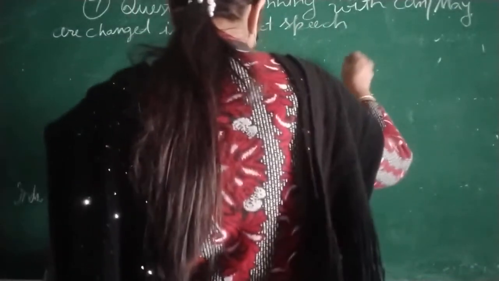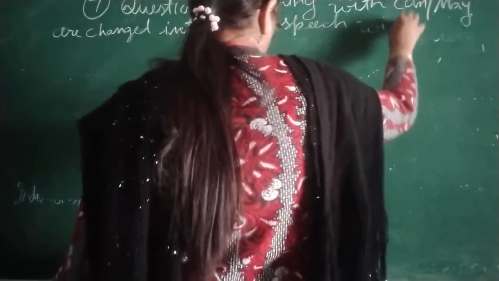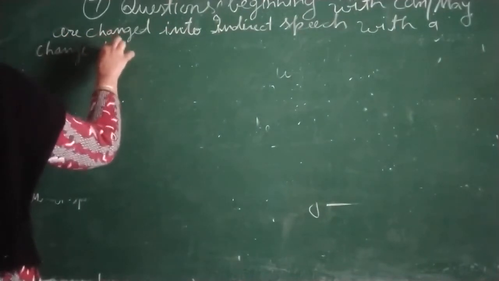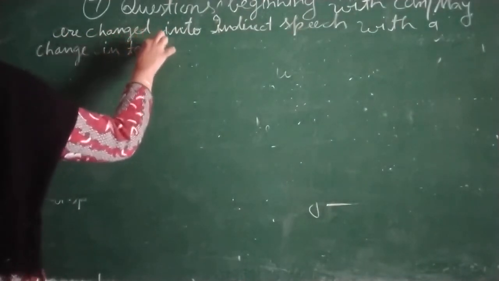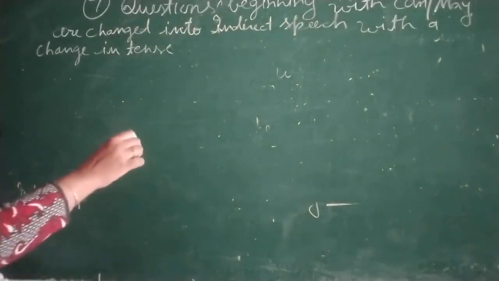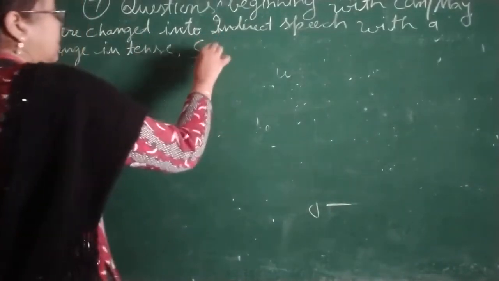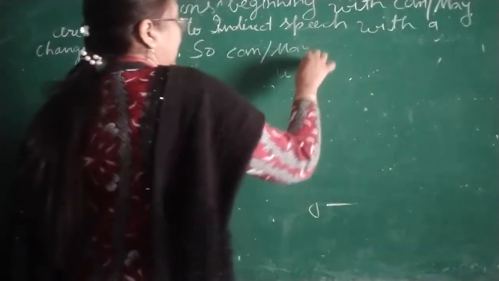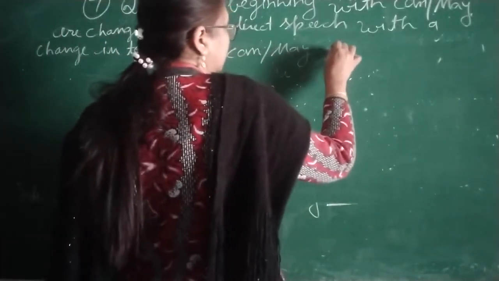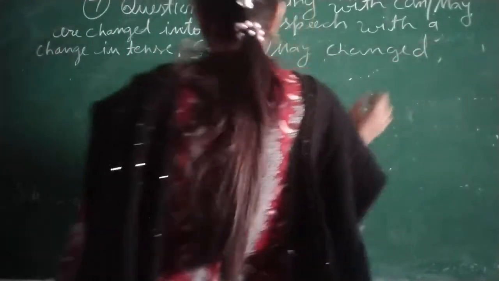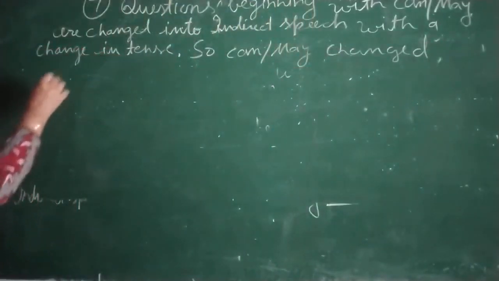with change in tense. With a change in tense, children. So can and may changed in could and might.